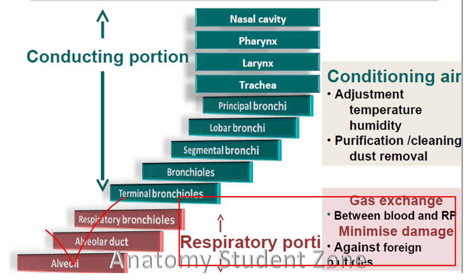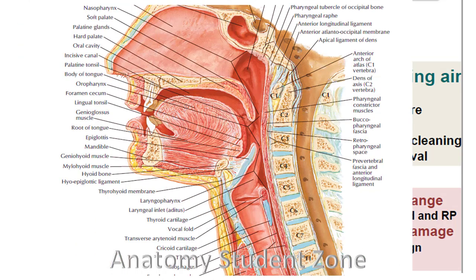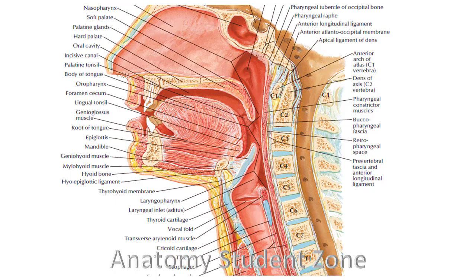So it consists of respiratory bronchioles, alveolar ducts, and the alveoli. Of course, the nose that I am going to cover right now is a component of the conducting part histologically. Anatomically, the nose is a part of the respiratory tract that is superior to the hard palate.